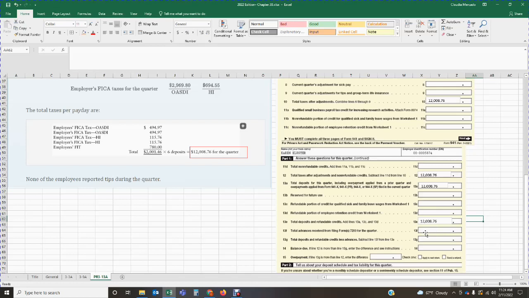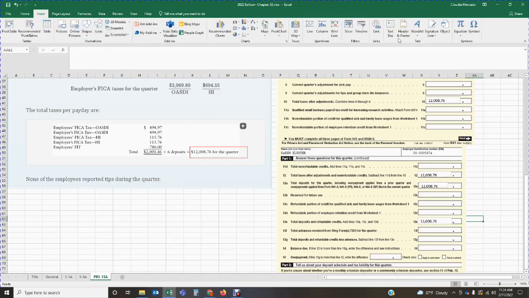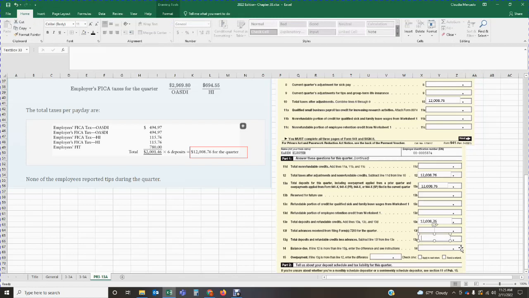Advances, we didn't have any advances according to the problem. So therefore, line item 13G says, what is your total deposits and refundable credits less advances? We didn't have any advances, but we did have deposits. And on line number 13G, we're going to enter the amount of the deposits, which was 12,876.